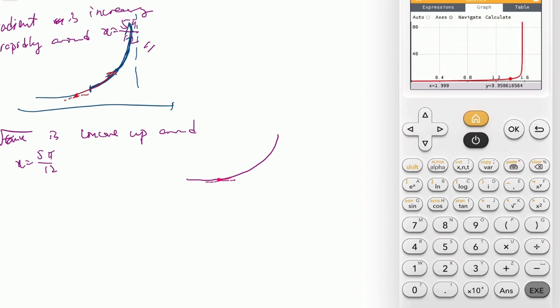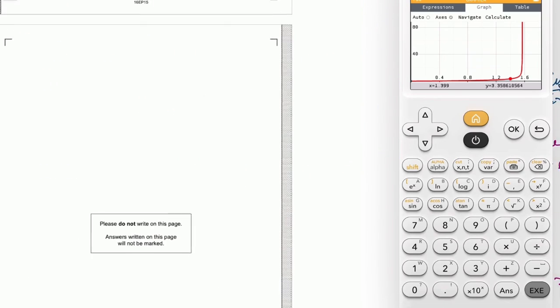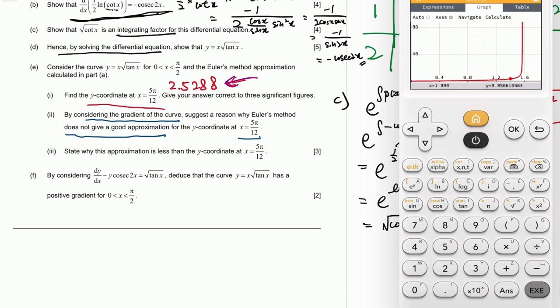So if your graph is concave up, you always increase more than the tangent line. So the estimation which uses the tangent line would always be less than the actual function value. So that's a very common question.